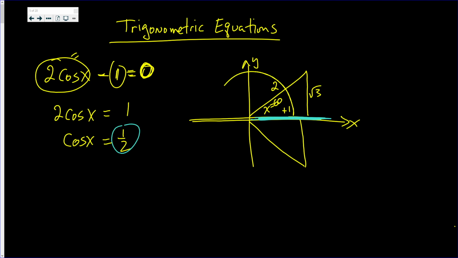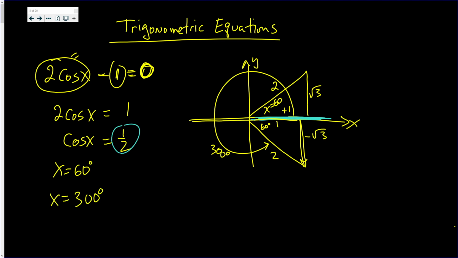This can be the angle, and fair enough, the opposite is going down, so it's negative, but the adjacent is still to the right, is positive. The hypotenuse is still 2, and this is a 60-degree reference angle, making this angle 300. So we know that x can be 60 and that x can be 300.